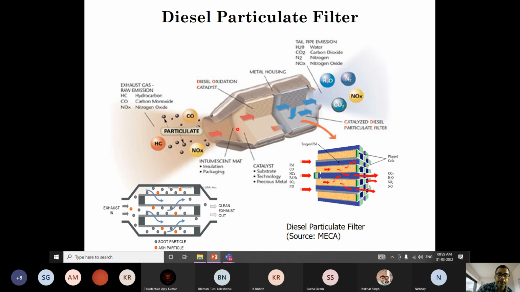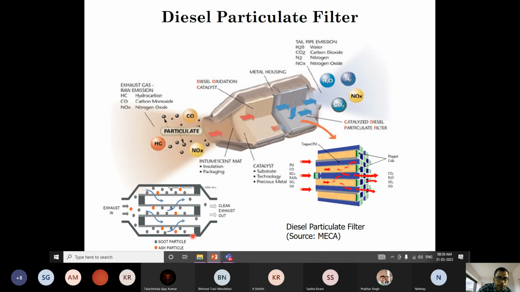Otherwise, we could say the after-treatment technology has a conversion efficiency of 100%, but that is not a reality. So obviously the HC and CO will also be there, but within the limit. So that is the one thing, the DPF. As I told you, if you see the DPF structure, this is only the DPF structure. There are also channels here.